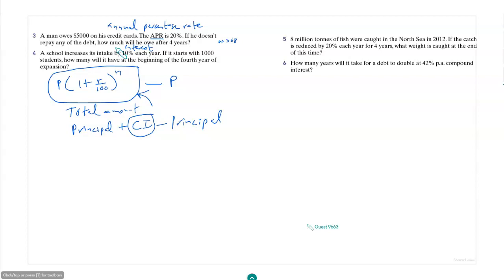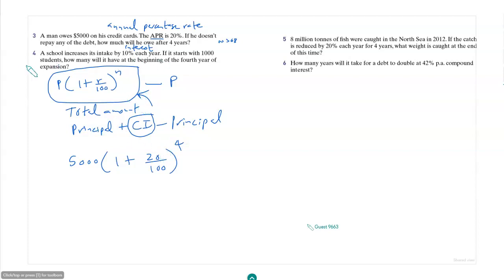Understood? So here what's the answer? 5,000 into 1 plus 20 by 100 all raised to 4. That's $10,368. Yes, that's the right answer.